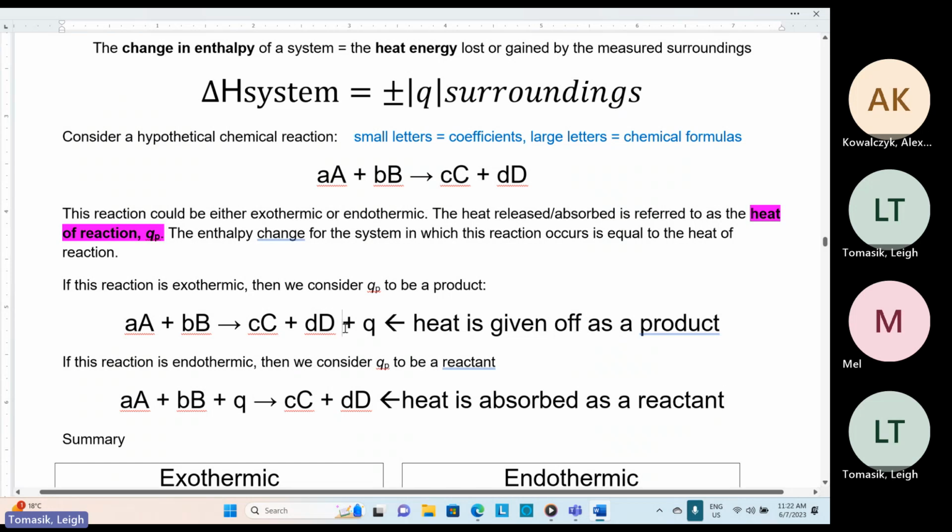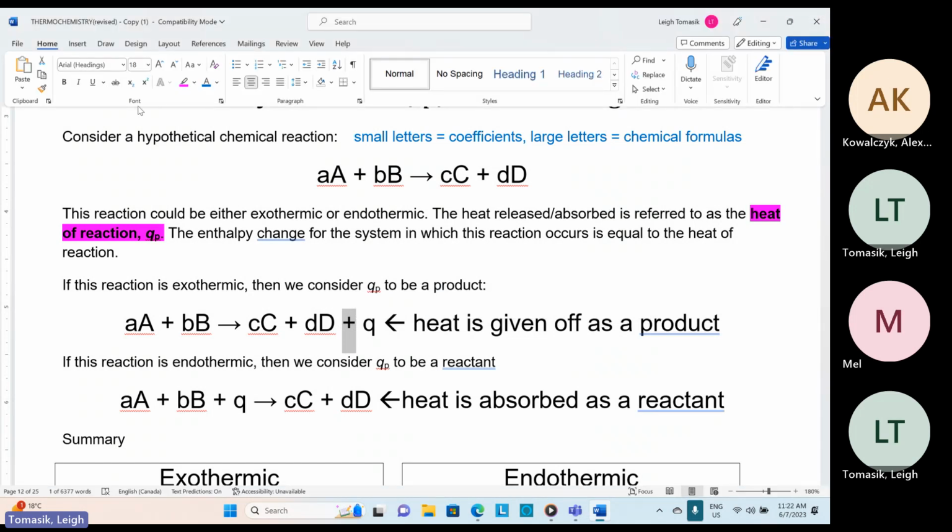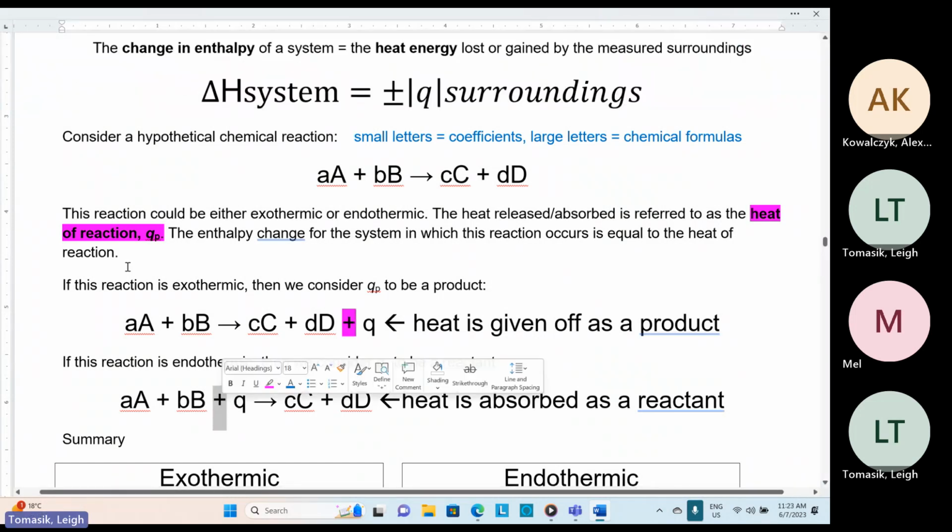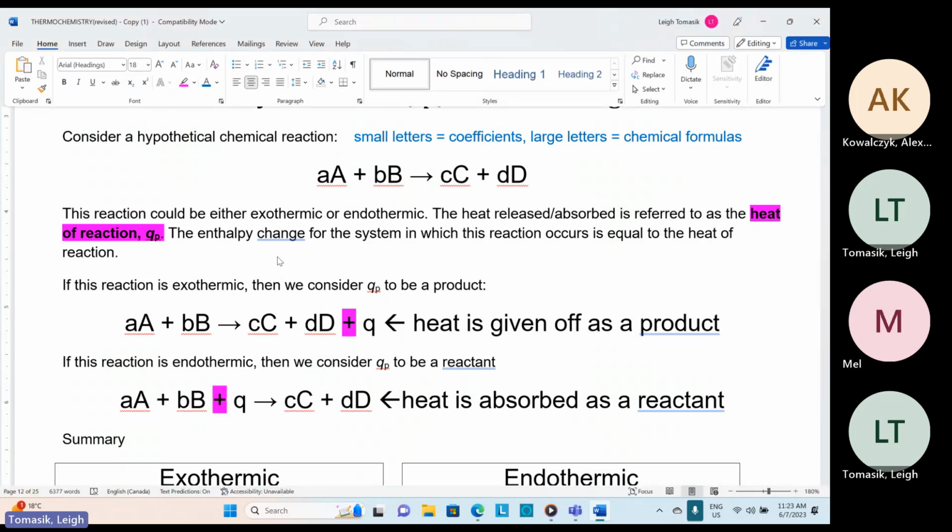And I need to point out the signs here. When we write something as part of a chemical reaction, the sign of it is always positive, right? We're used to writing exothermic enthalpy changes as negative, and endothermic enthalpy changes as positive. But when you put it as a reactant or a product, that gives the same information as the sign did.